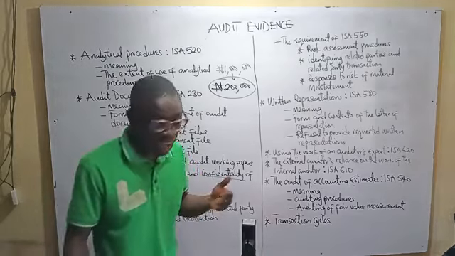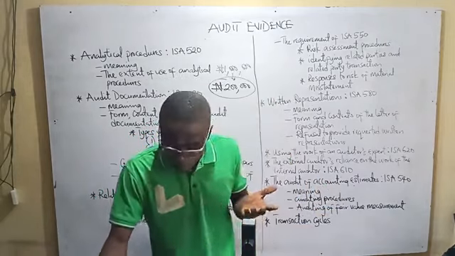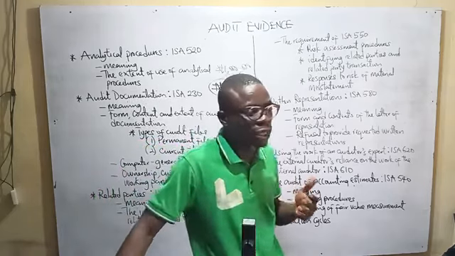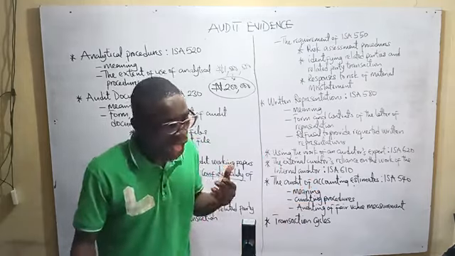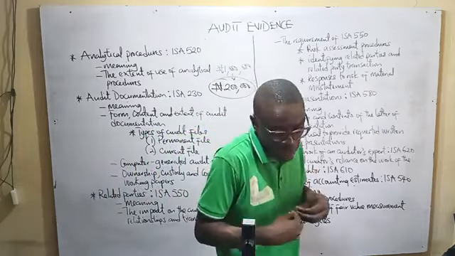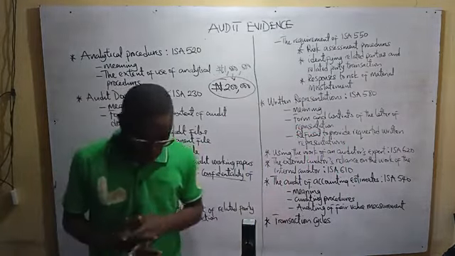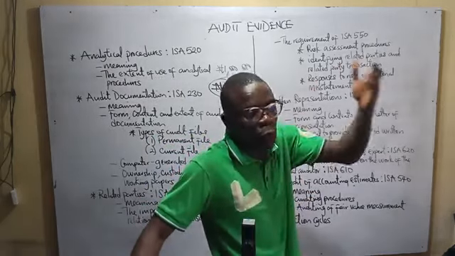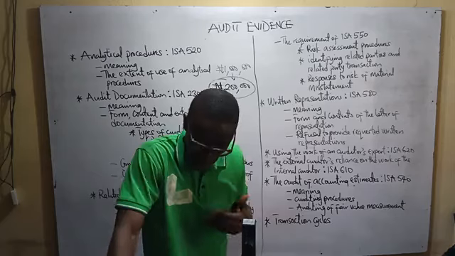That is what we mean by an estimate. An example of an accounting estimate is allowance for doubtful debt. Warranty obligation is an example of an accounting estimate. Asset useful life, because you don't know the useful life of the asset, you are just estimating that it may be 5 years, 10 years, is an accounting estimate. Litigation settlement or judgment, whether you will win a court case or not, is an accounting estimate.